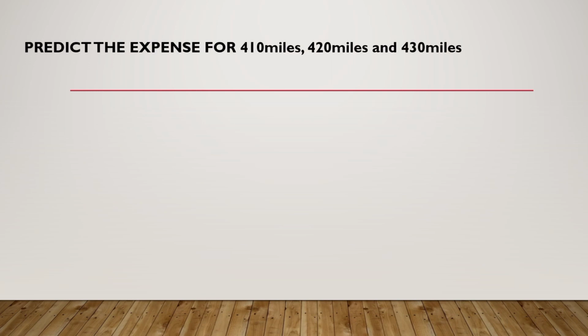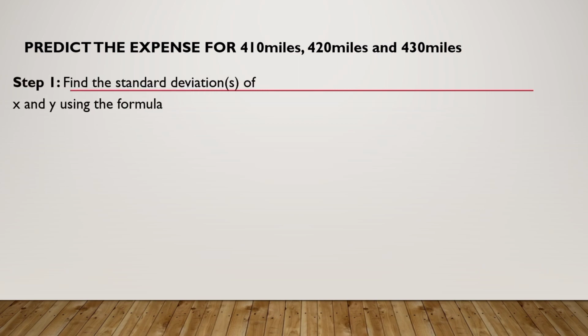Now let's predict the expense for 410 miles, 420 miles, and 430 miles. So we will go back to the linear regression equation. Step number 1, find the standard deviation of x and y using the formula s equal to the square root of the summation of (x minus x bar) squared over n minus 1.